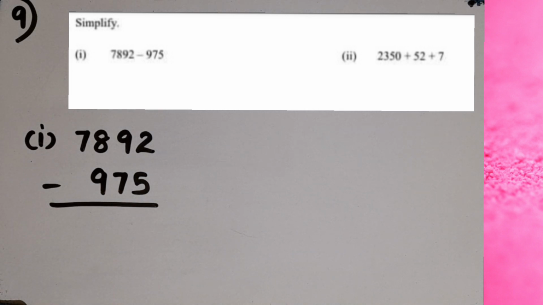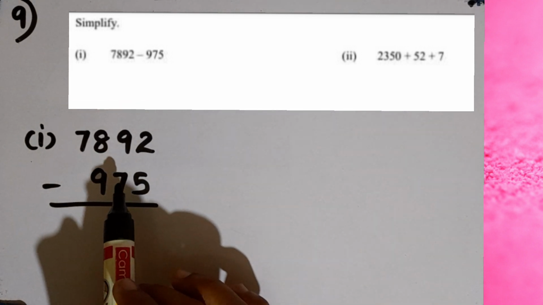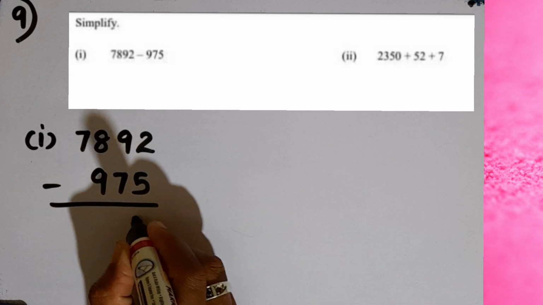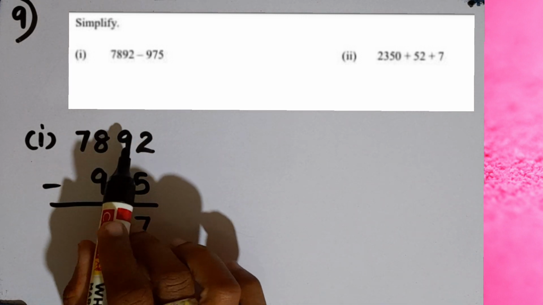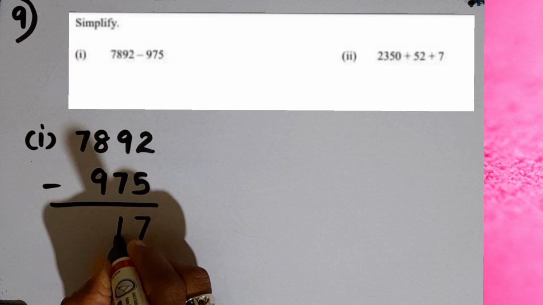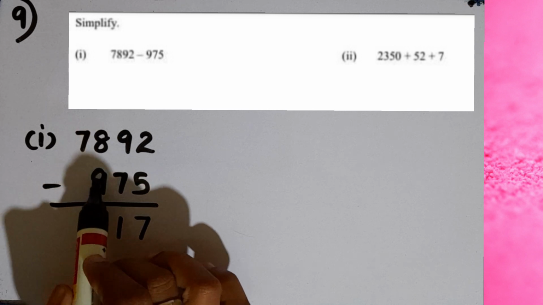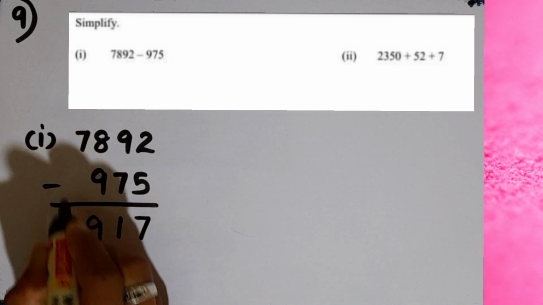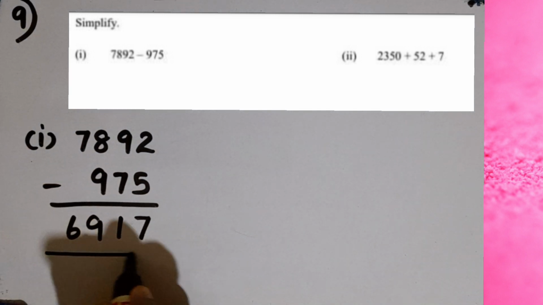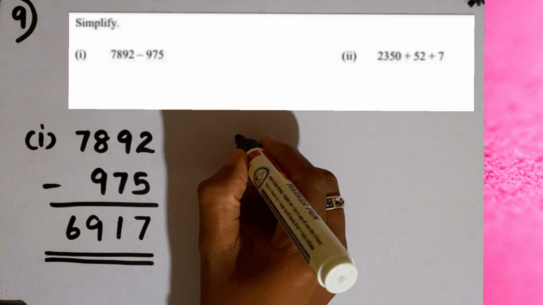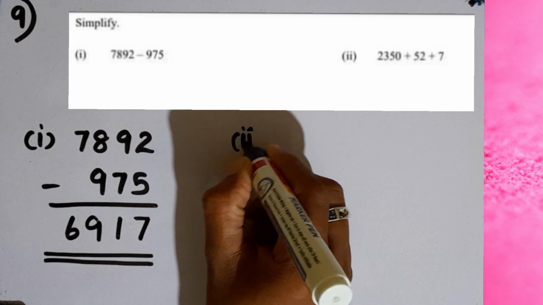Write like this. Then we'll do the subtraction now. 12 minus 5 is 7. Here 8 is remaining. 8 minus 7, 1. Then you can take 1 from this side. 18 minus 9, 9. Then 6 is remaining. So 6,917 is the answer.